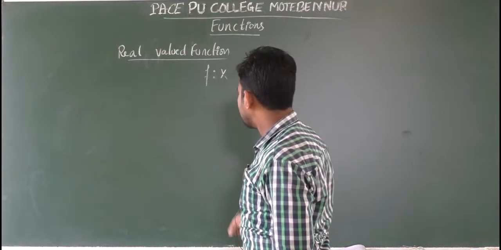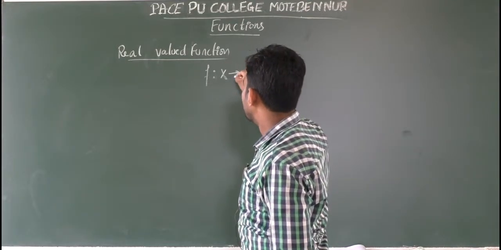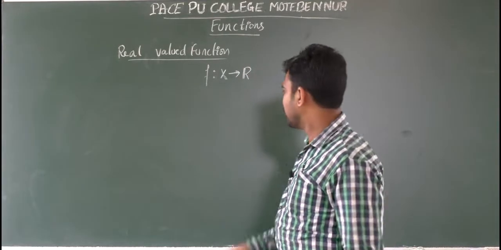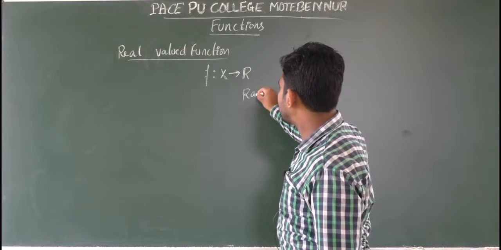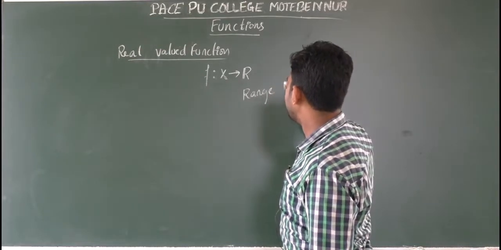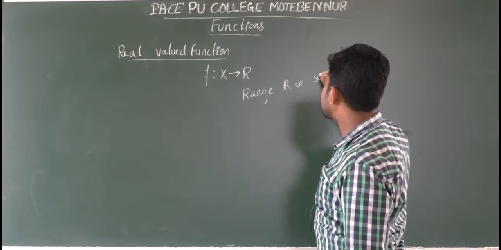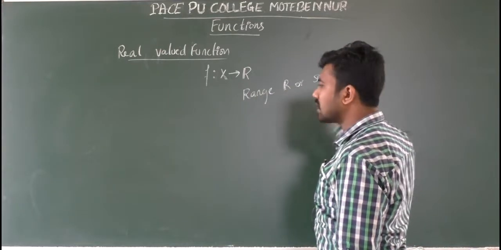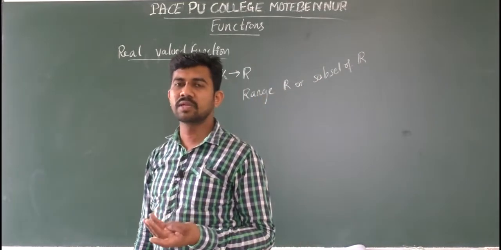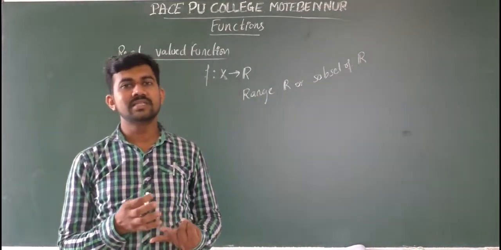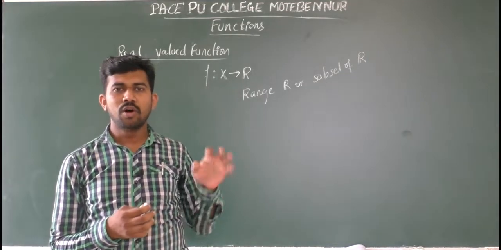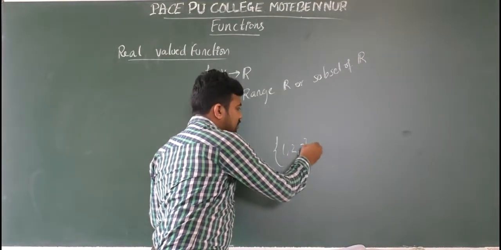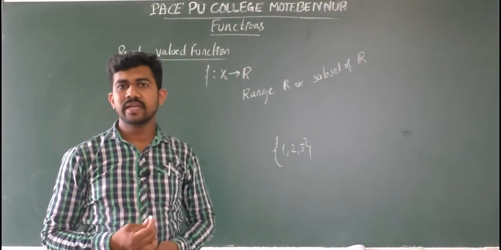The domain of this function is X to the codomain or range. If the range of the function has real numbers or any subset of real numbers, you know what the subsets of real numbers in the number system are: natural numbers, whole numbers, integers, rational numbers, irrational numbers, or any set, say the set of 1, 2, 3, which is clearly a subset of the real numbers.